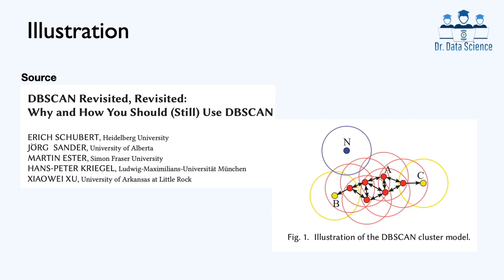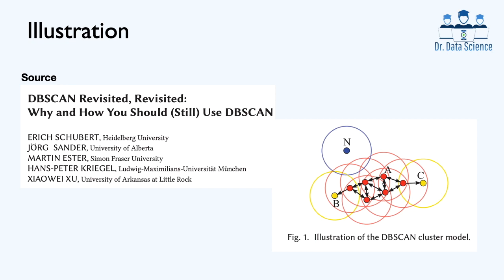To illustrate DBSCAN, we can look at this paper, which was published in 2017, where they revisit DBSCAN and talk about some of its current applications. The goal here is that we set the minimum number of samples to be 4 to declare a point a core instance.